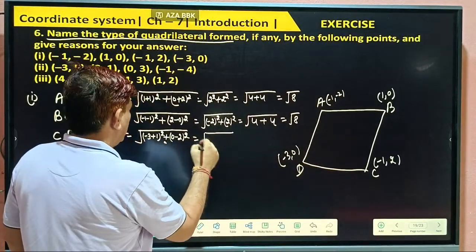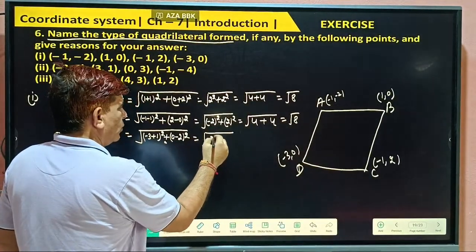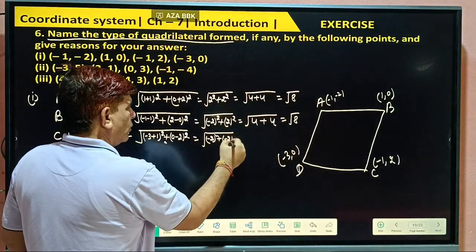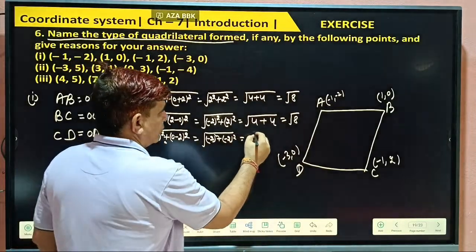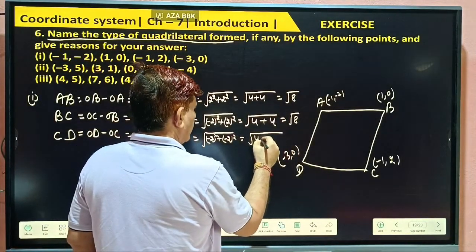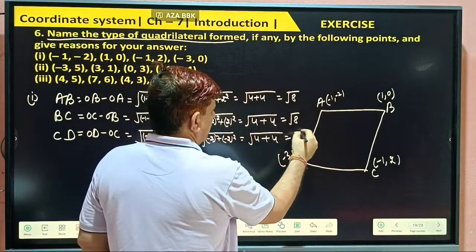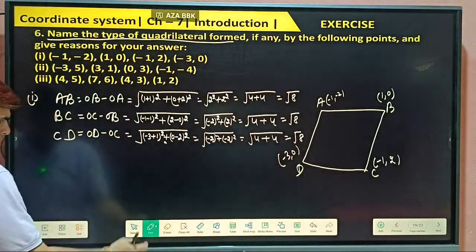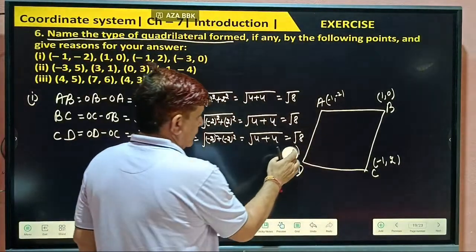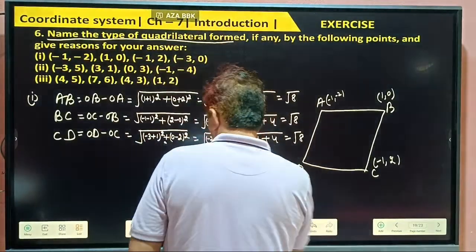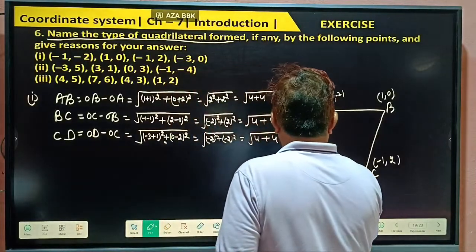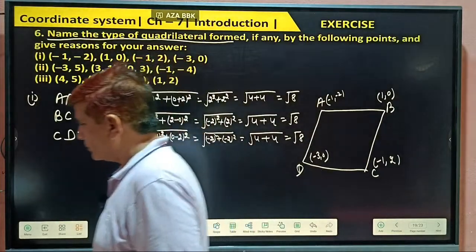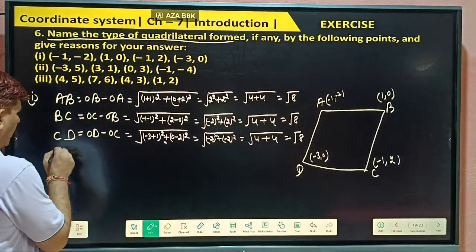So it means -2 whole square plus -2 whole square, which is 4 plus 4, again under the root 8. D is -3 and 0. Understood?